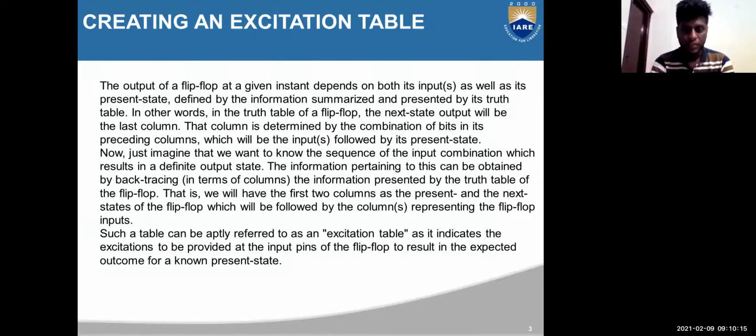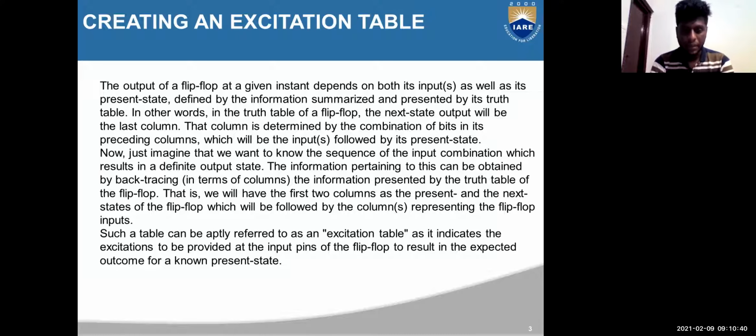Now let us imagine that we want to know the sequence of input combinations which results in a definite output state. The information pertaining to this can be obtained by backtracing the information presented by the truth table of the flip-flop. That is, we will have first two columns as the present and the next states of the flip-flop, followed by the columns representing the flip-flop inputs.